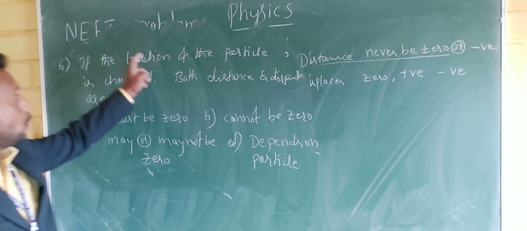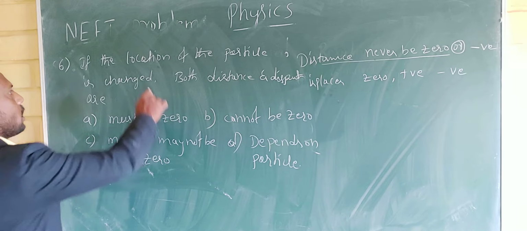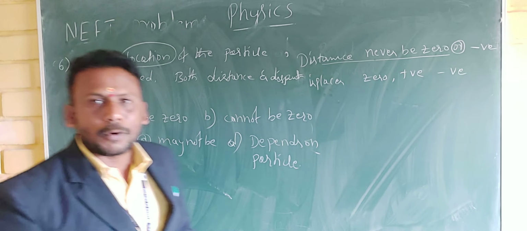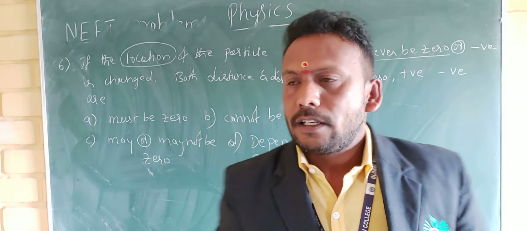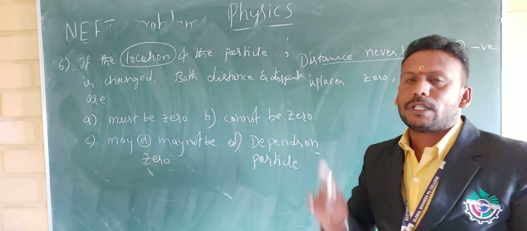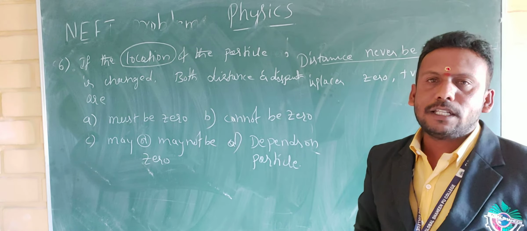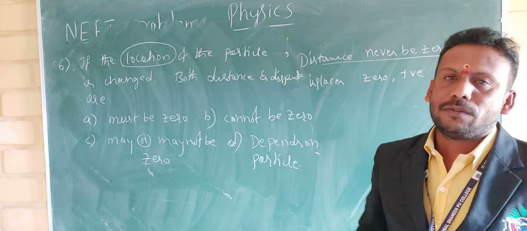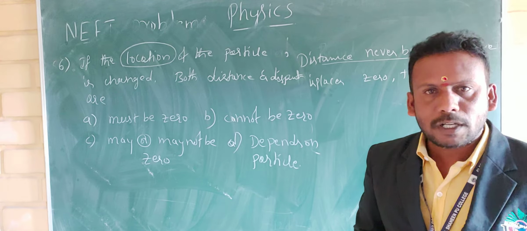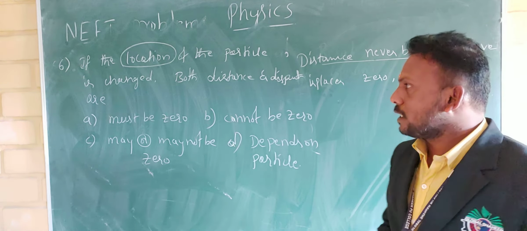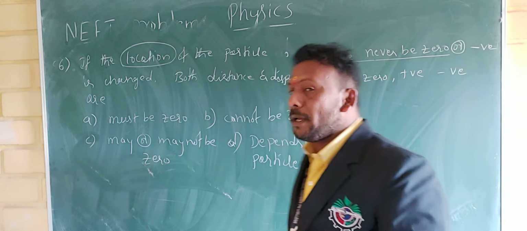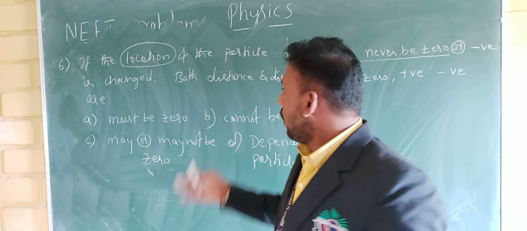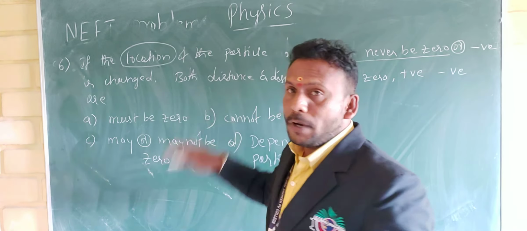Here, if the location, that is the position, of the particle is changed, the body is in motion. At that time, the distance cannot be 0. Distance is always positive, but displacement may be 0, negative or positive.